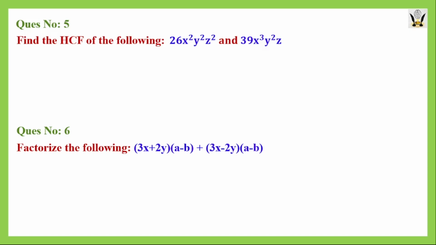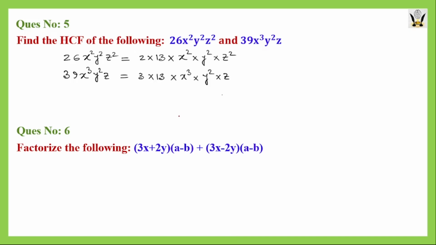Now in the next question we need to find the HCF of the following two values which are given in the form of x, y, z, these three variables. So 26 x square y square z square, where 26 is 2 multiplied by 13, and then the second term, 39, 3 13s are 39. Here we are finding the highest common factor. First we identify the common values between these two terms.